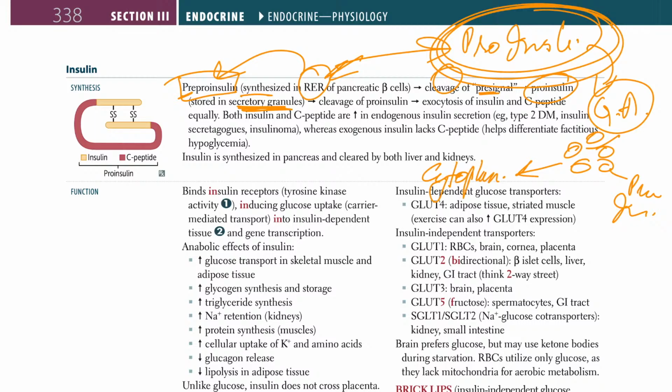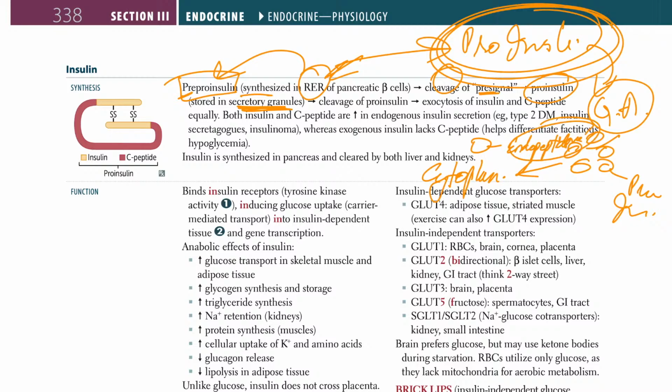Now, there's something that's going to happen within these secretory granules. We have specific enzymes known as endopeptidases. That's an important enzyme, so let me write it here. Endopeptidases.